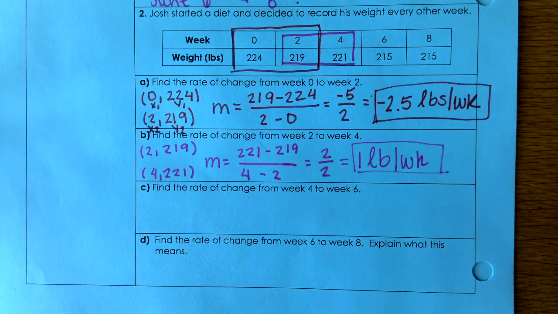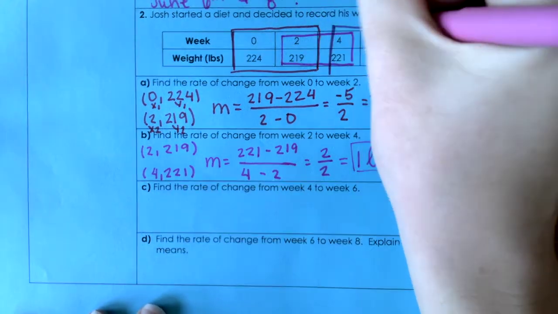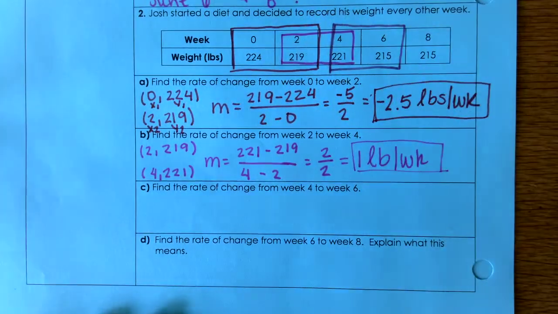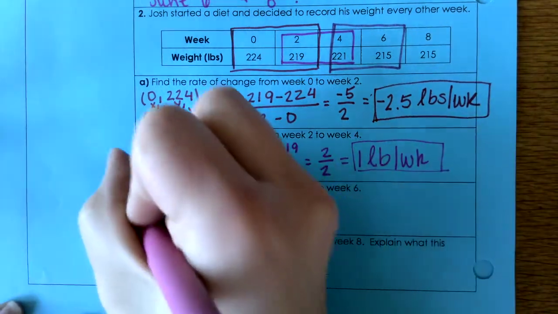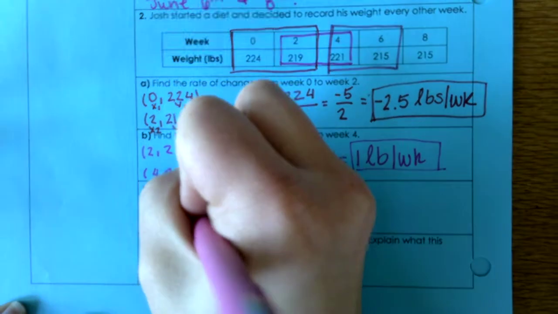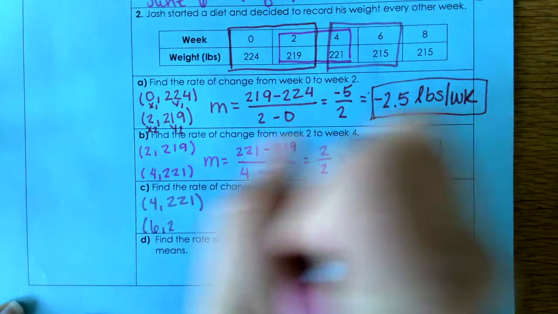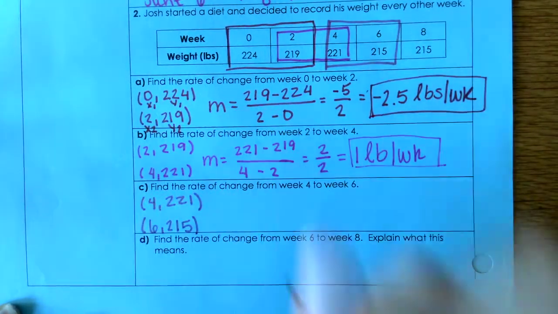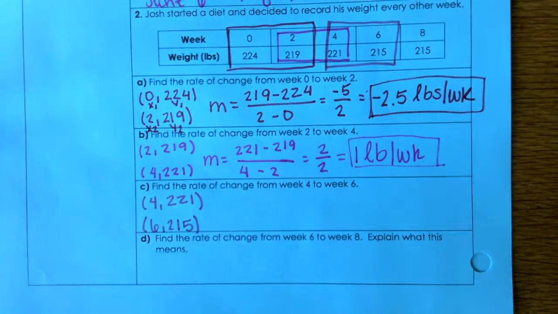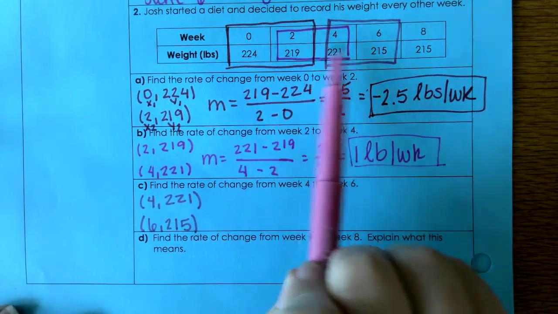Now it's asking me to find the rate of change from week 4 to week 6. So I have (4, 221) and then (6, 215). Some of you might have wondered, how do I pick which point comes first? You always go in the order that they give you on the graph.